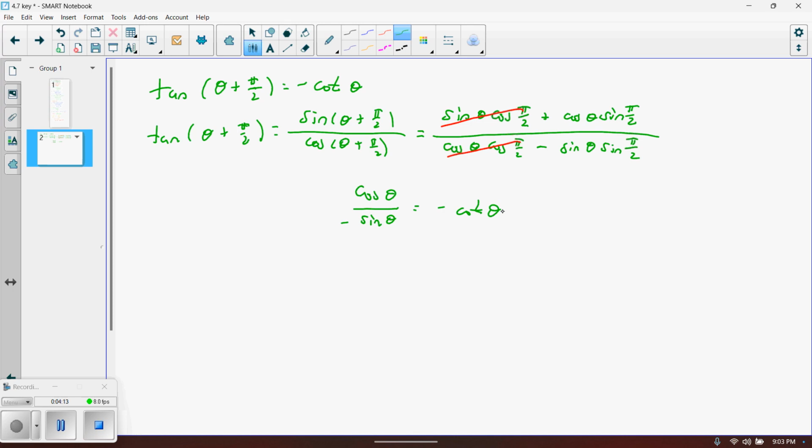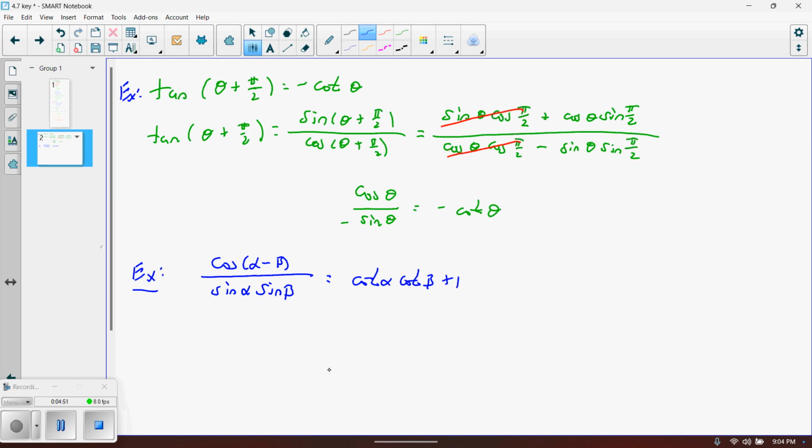All right, let's do another identity proof. So our second example here, let's make that our first example up there. Our second example here was we want to prove this identity, that cosine of alpha minus beta over the sine of alpha times the sine of beta is equivalent to cotangent alpha, cotangent beta plus 1.